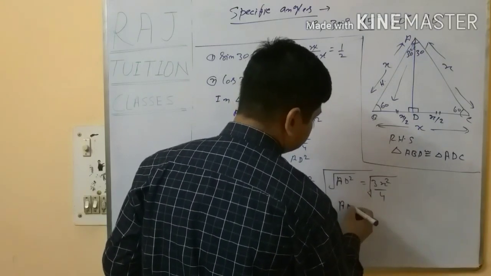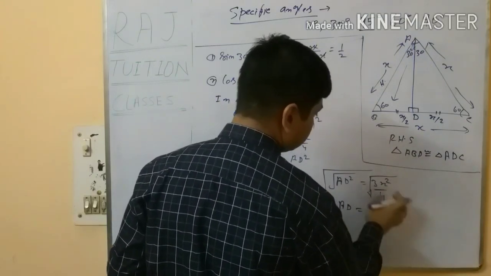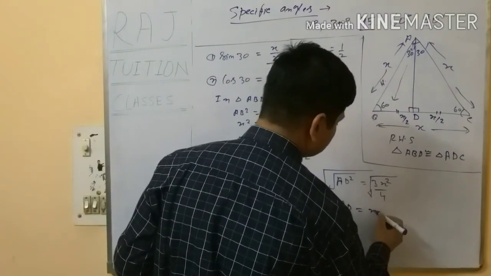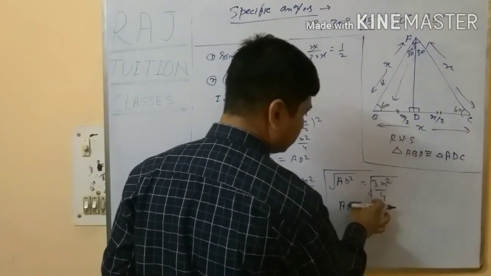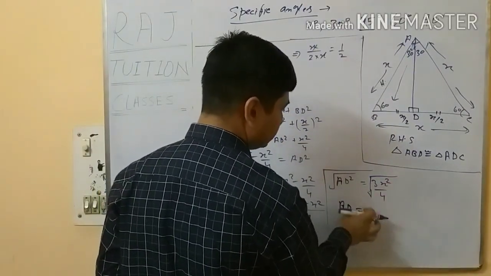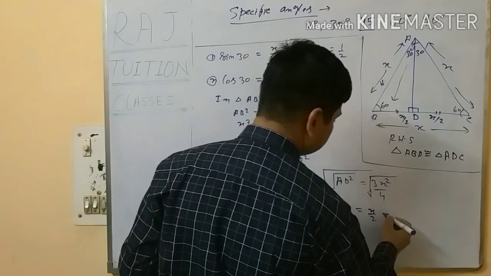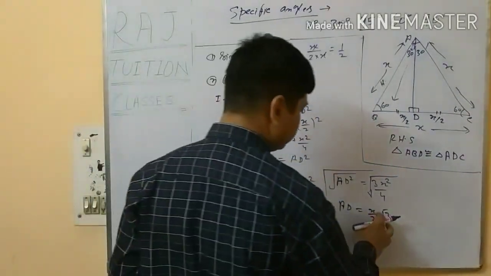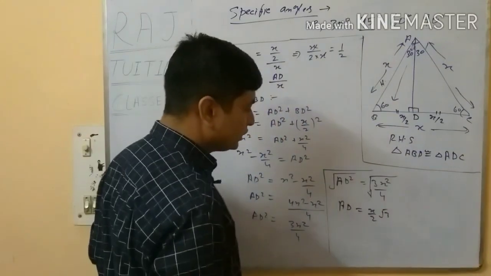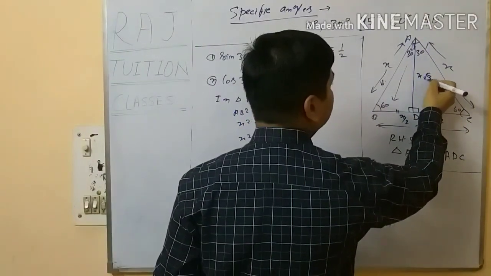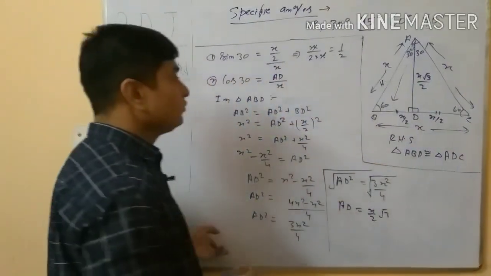It will become AD, and 3 doesn't have a pair of factors, so x upon 2 will come out. Square root of x square means x, and 4 will come out as 2, and 3 will remain stuck inside the root. So x root 3 by 2. So the value of AD is x root 3 by 2.